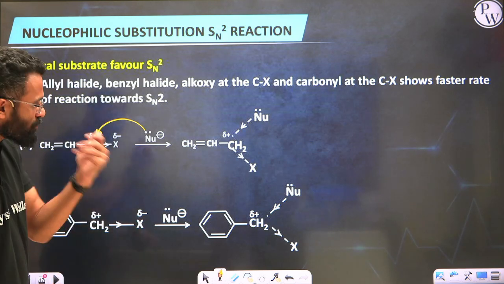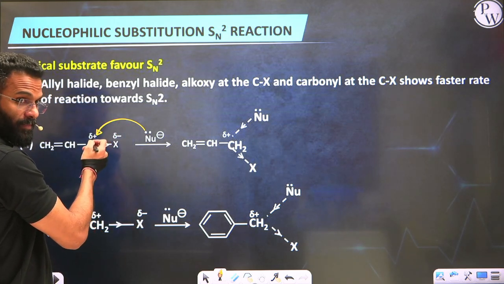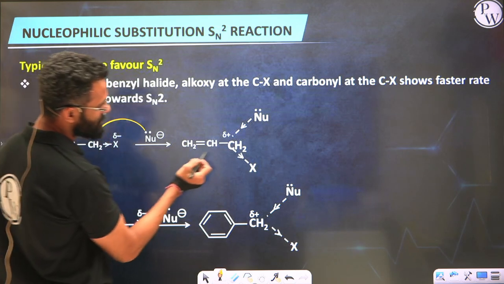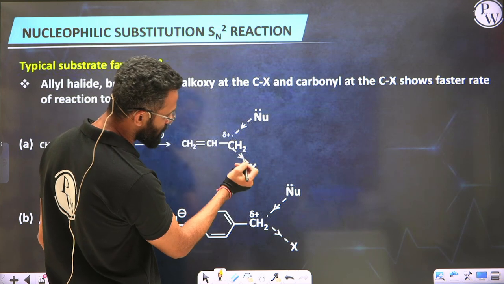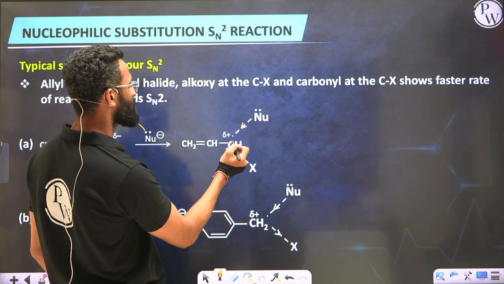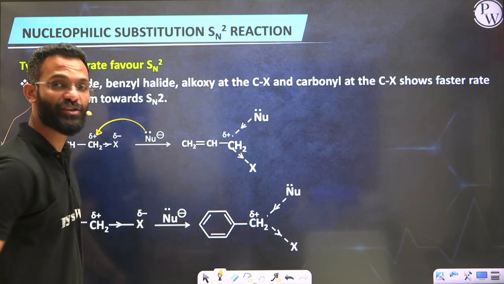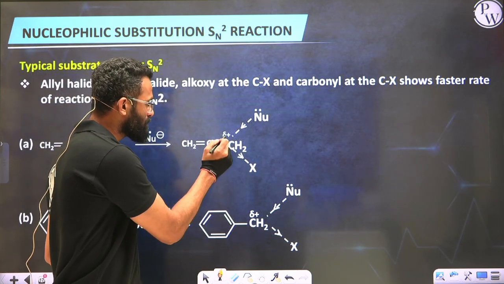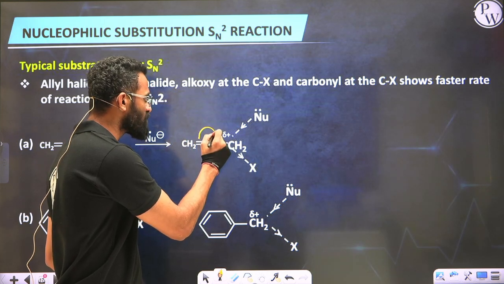And third, the most important reason: when the nucleophile attacks the carbon in the concerted state, the transition state that we get, where the carbon-halogen bond is in the process of breaking and the nucleophile-carbon bond is in the process of making, has a delta plus charge. Now this is the transition state. At this partially deficient carbon, there is partial delocalization of the pi electron cloud.